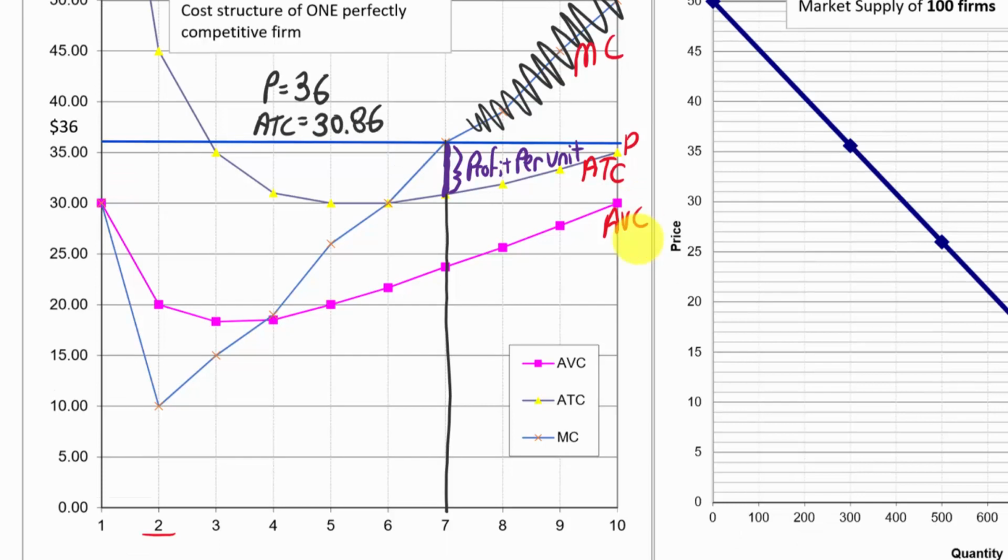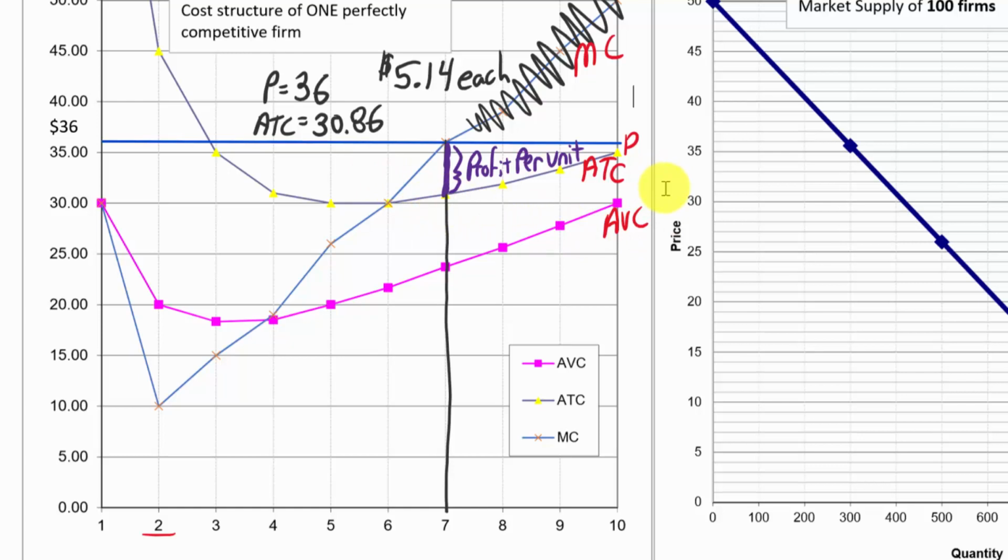That 36 minus $30.86 tells us that we're making about $5.14 in profit each, or per unit. So that's what that distance is right there, from 36 down to $30.86, okay?